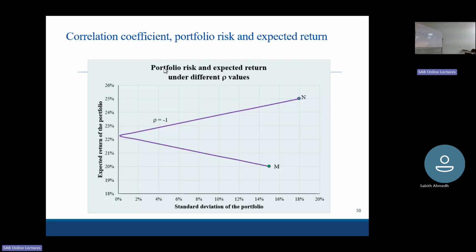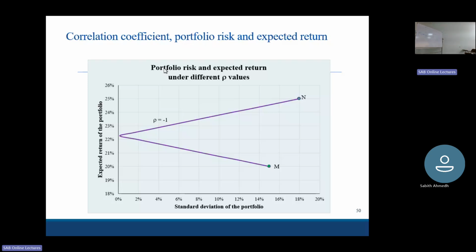So once you construct the portfolio using M and N, taking the correlation coefficient as perfectly negative, and using different weights, this is the path or behavior of your portfolio expected return and the portfolio standard deviation.